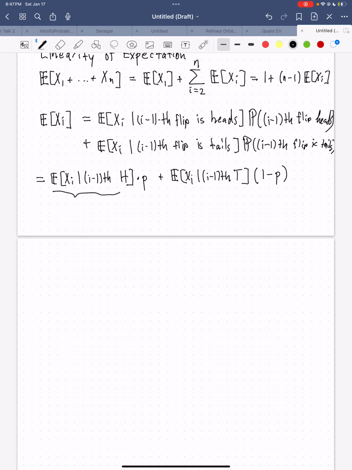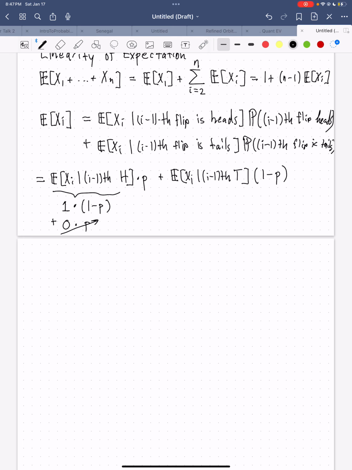Okay. So if the i minus 1 flip is heads, then we start a new run on the ith flip if and only if the ith flip is tails. So this is 1 times the probability it's tails plus 0 times the probability it's heads. Because remember, if it doesn't start a new run, then our expectation is 0. So we can actually just ignore this, but I write it for completion.